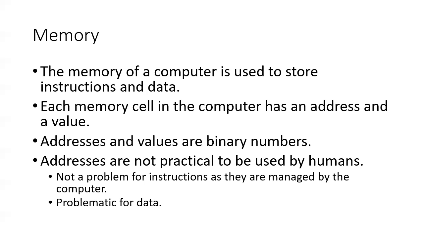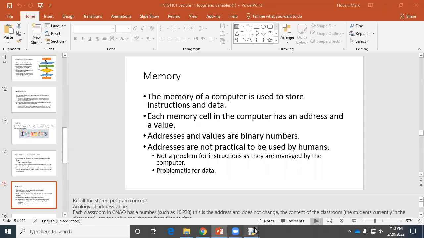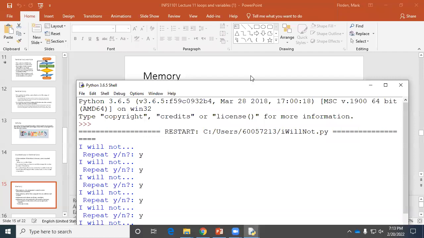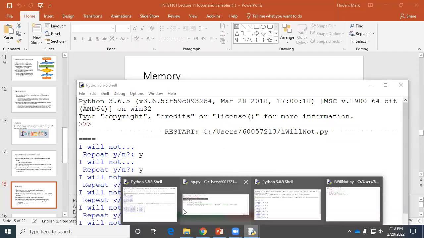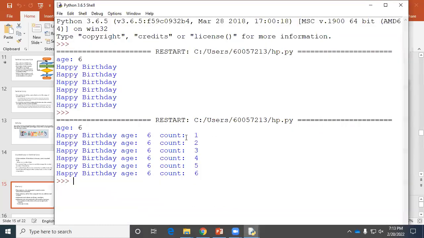Remember that? So the variable has a place in the memory. We give it a tag. We call it count. That's its name. And then we put a value in it, and we can change that value. And then we can look in our program and we can see how that changed.